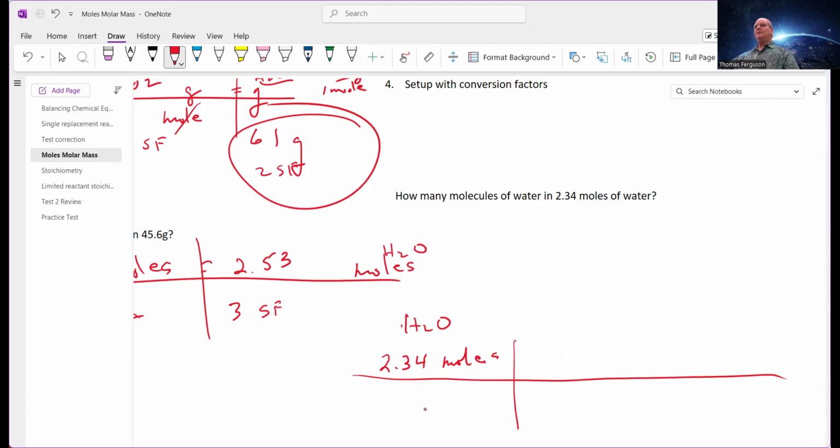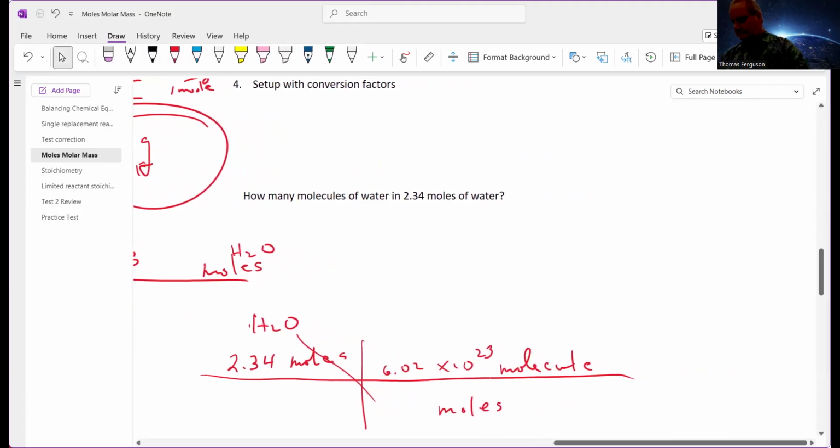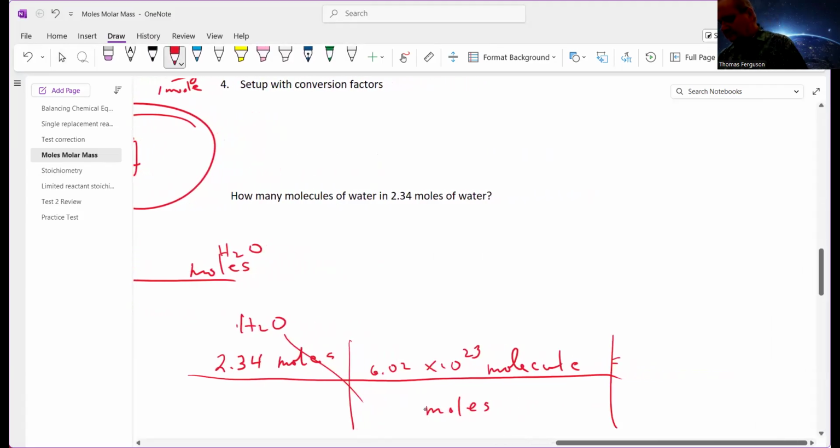Get to numbers. Avogadro's number. So moles cancels. Since we're working with a molecule, it's going to be molecules. Water to water, so there's no chemical reaction.